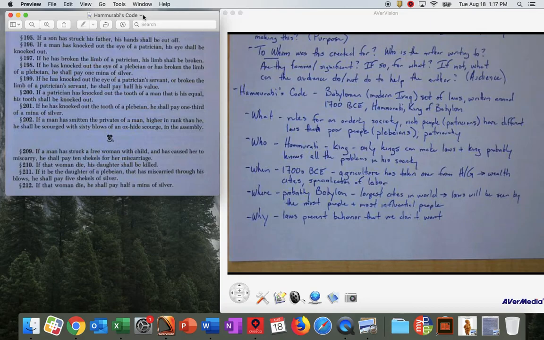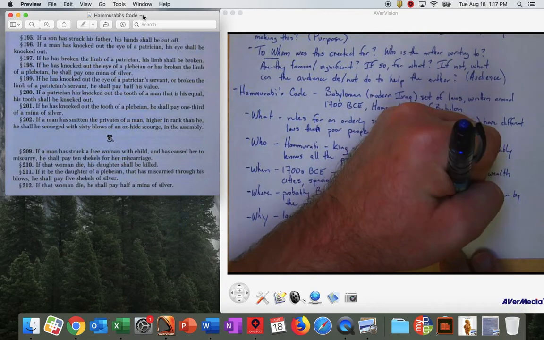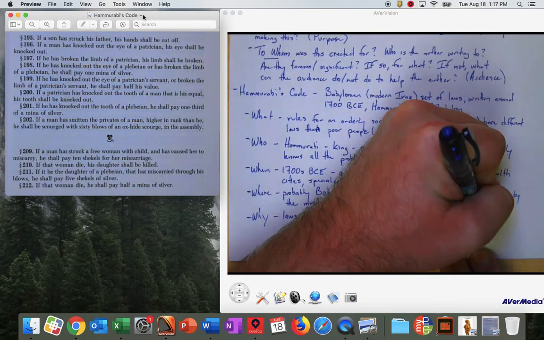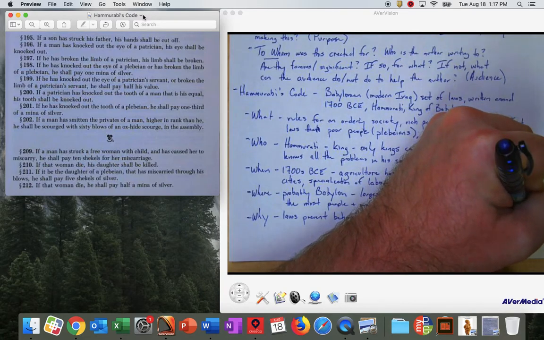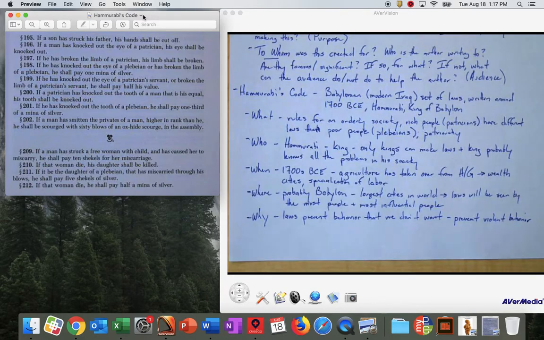And so what Hammurabi presumably is trying to do is trying to prevent violent behavior. It seems like it happens a lot. Otherwise, there wouldn't need to be laws for it. So this seems to happen quite a bit.